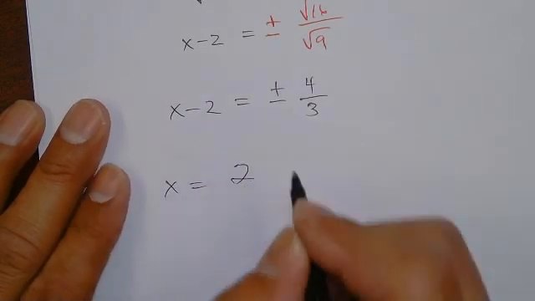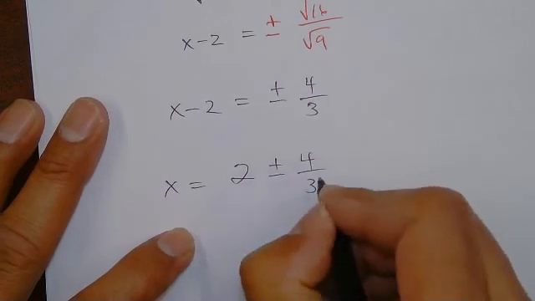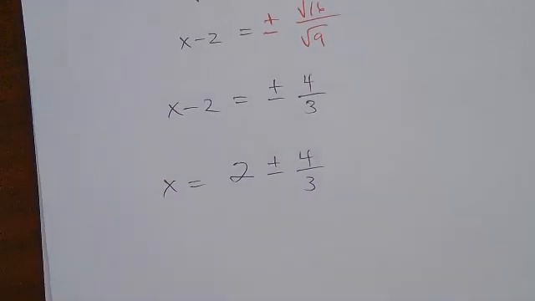All right. Tell me how to finish now. Move the negative 2 to that side? Correct. X is equal to positive 2 plus minus 4 over 3. Okay, you got to add those and subtract. Anybody see what the problem is?